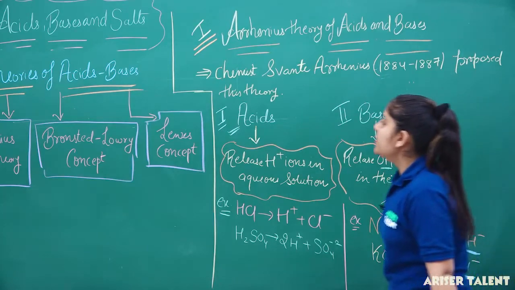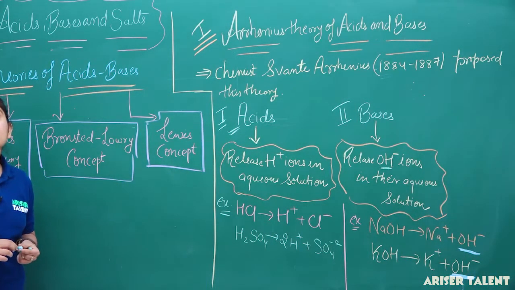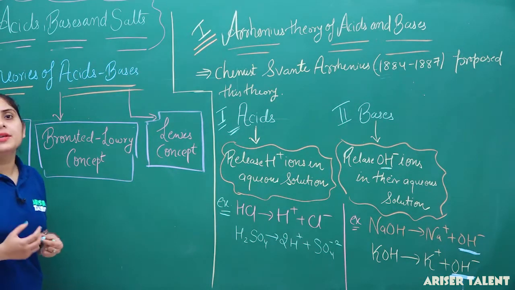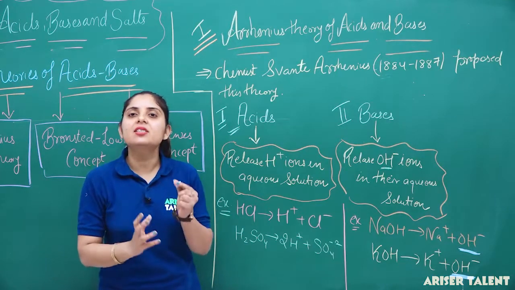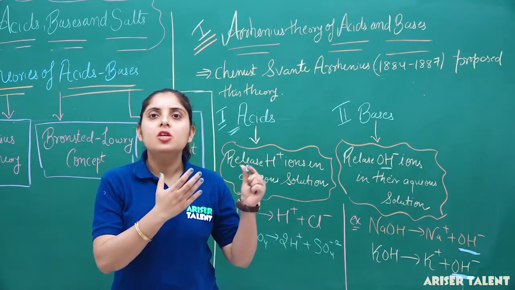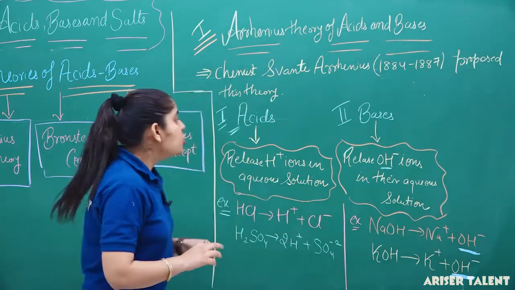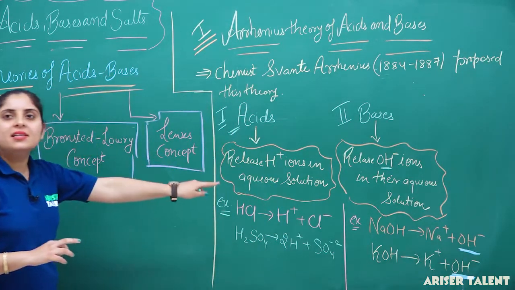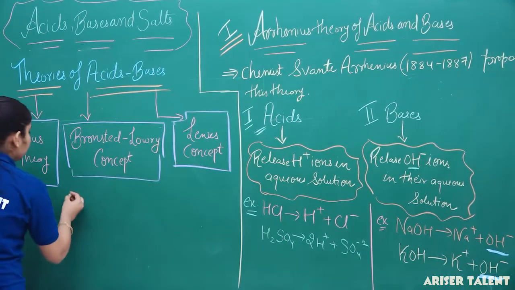So this is all about acids and bases. Apart from this, we have certain acids and bases which will not completely dissociate into ions in their aqueous solutions. We have already discussed what strong acids and strong bases are, and what weak acids and weak bases are.